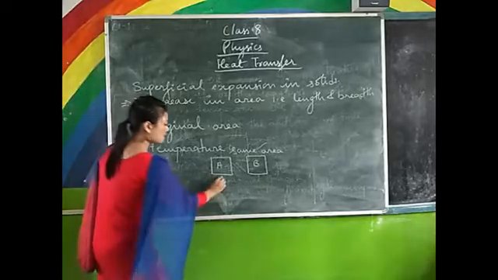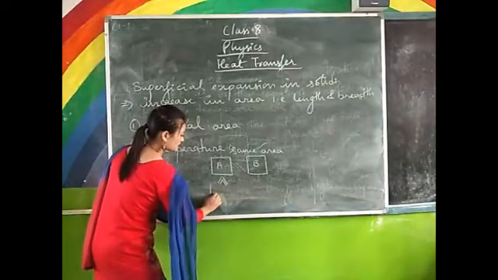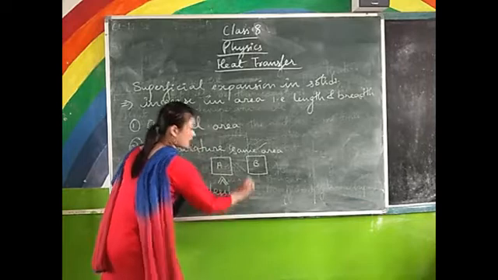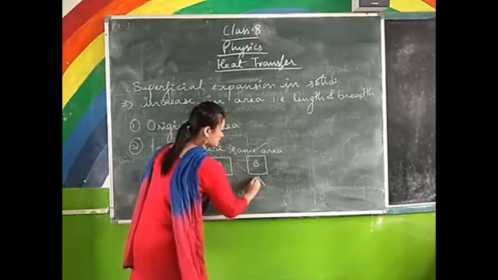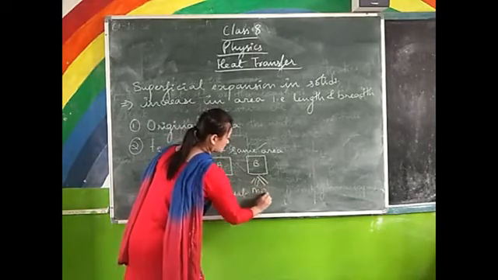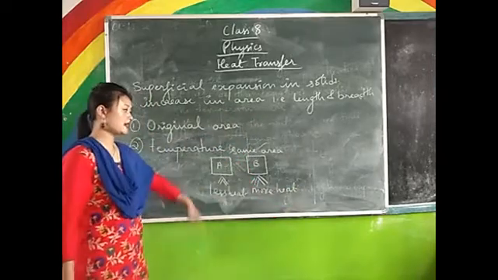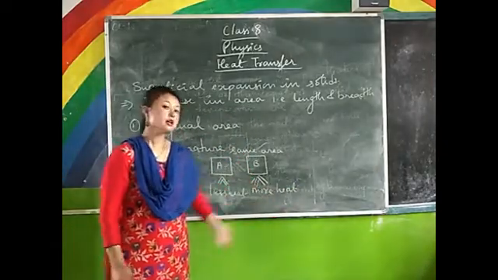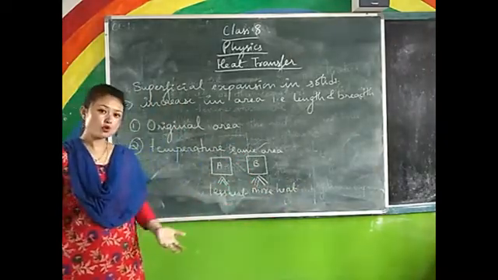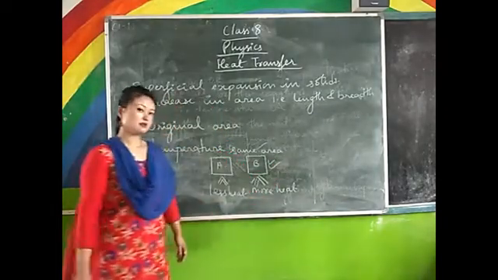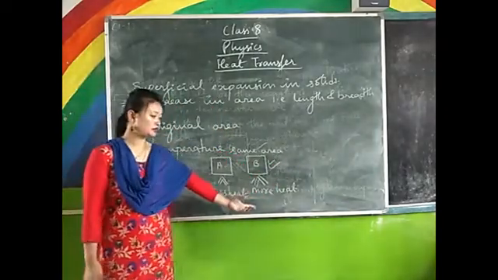Now you supply A with less heat and you supply B with more heat. If you supply A with less heat and B with more heat, then which one will expand more in area? Obviously B. So what does it indicate here?